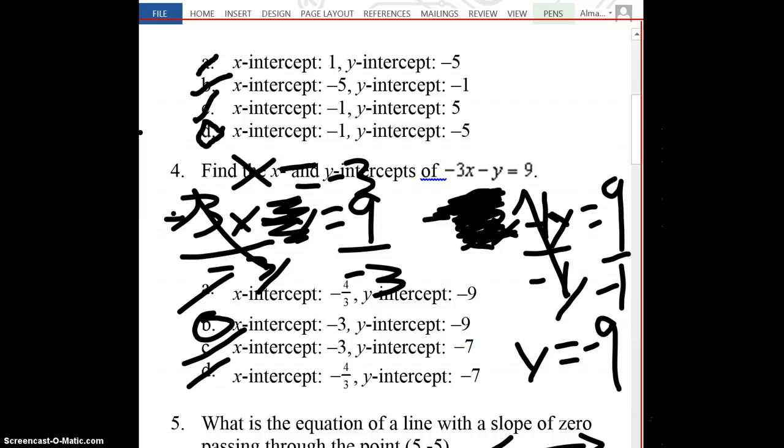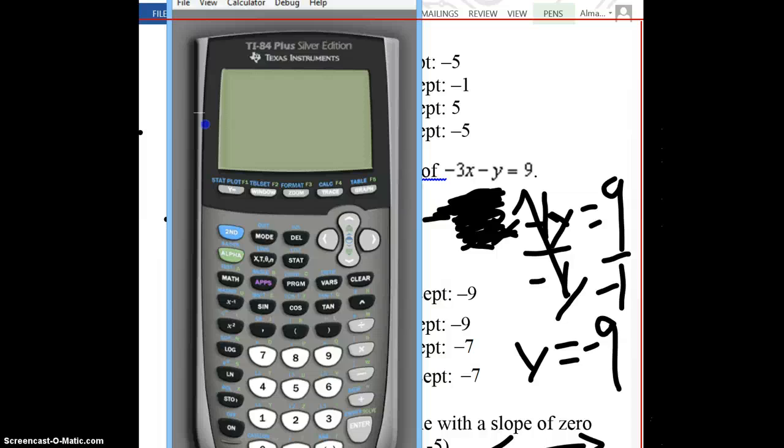And you could actually put this in a calculator. You could go to y equals, and then put -5, press graph, and we will get the same graph.